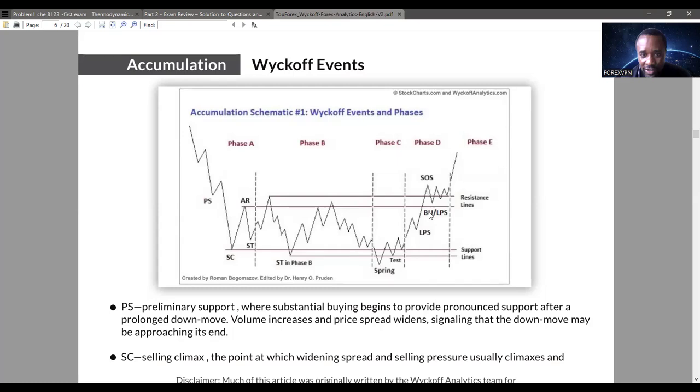So when you see this, it is like a backup or your last point of support, okay, around here. You have one here before, but the second one here, you can call it a backup, trying to give you a strong support to rely on before moving up. So when you see this type of thing playing out, as a buyer in the market, you want to enter your buy action around here.